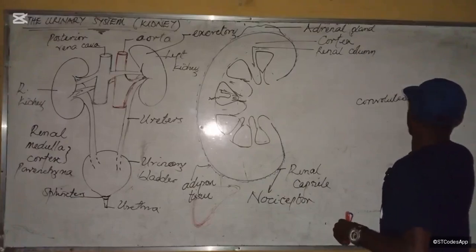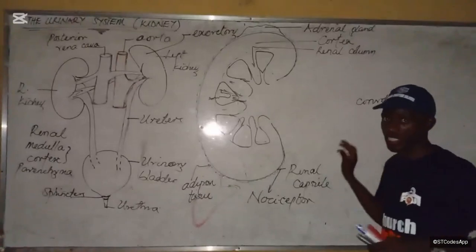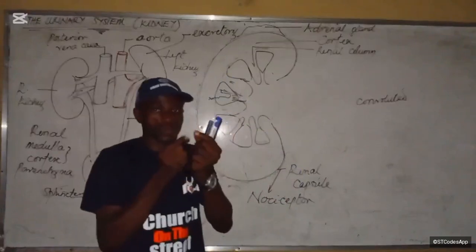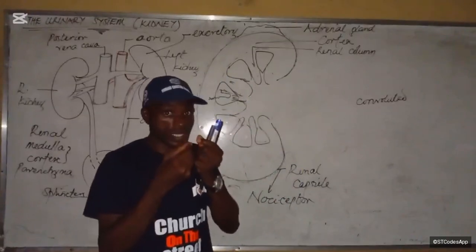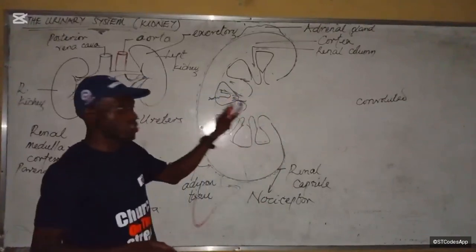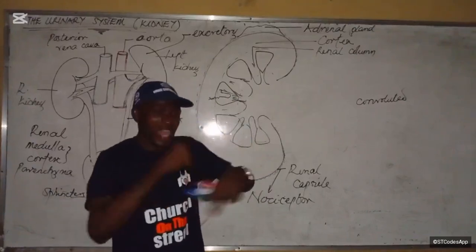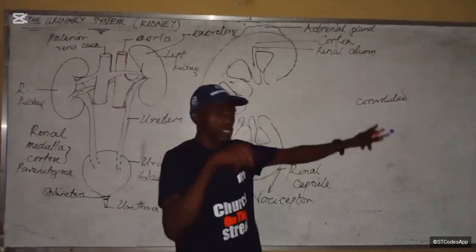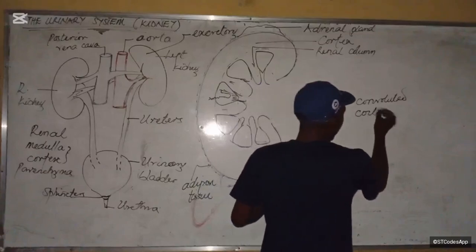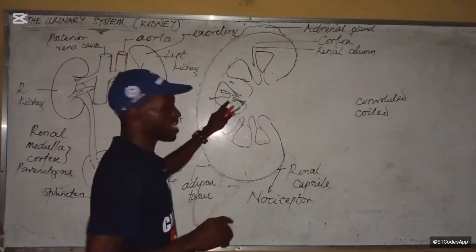They are microscopic. Is that okay? Singly, they are very small and they are in millions here. So it means they are tightly packed together and wound around each other. Convoluted means coiled. Is that okay? So, that is how they are able to fit in here.